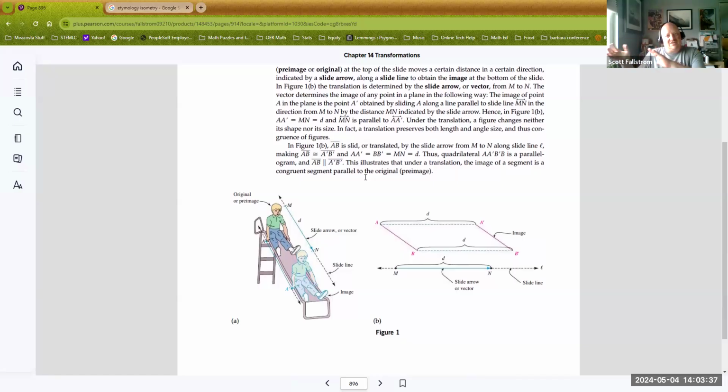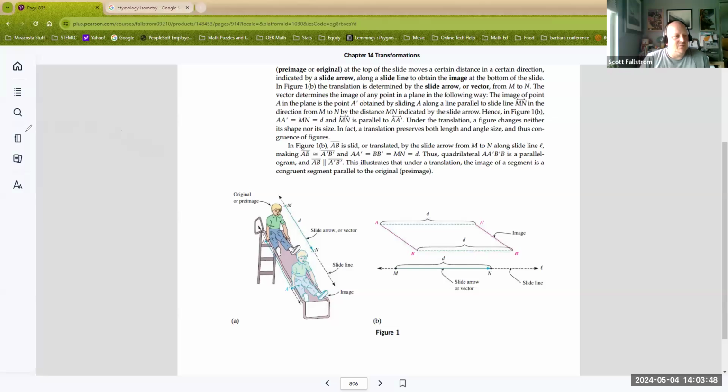Image is like the end, pre-image then would be the beginning. And so that is denoted by some type of arrow. And it's a little hard to see, I think, even in the book, because what they're trying to show is action. And action is a challenging thing to show in a static textbook. So right here, there is an arrow with a starting point and an ending point.